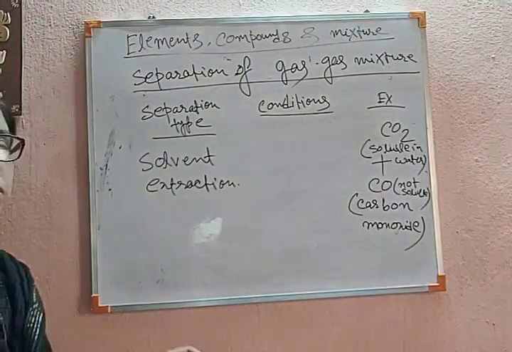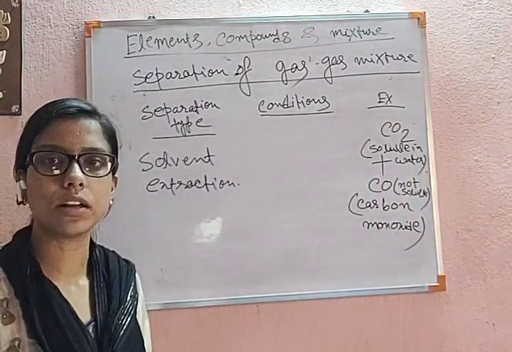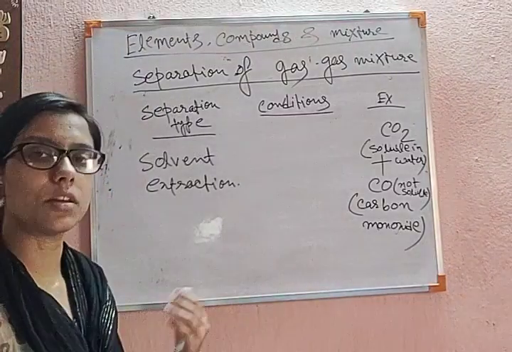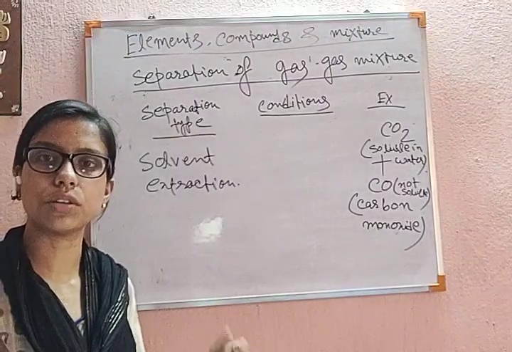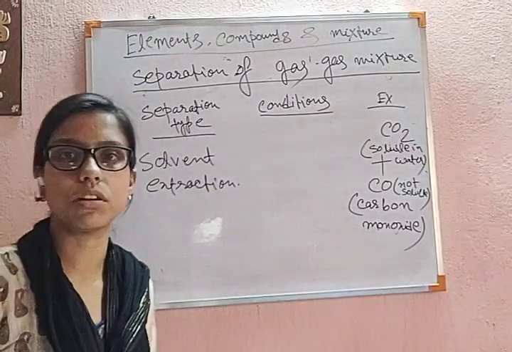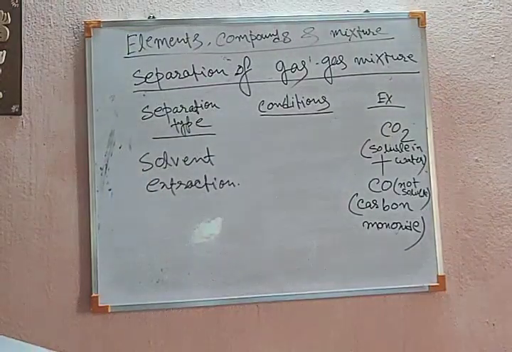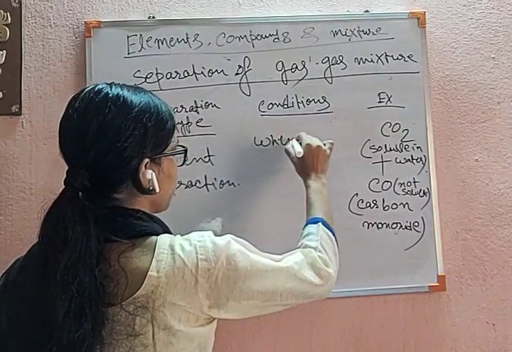In the solution phase, we get the carbon dioxide with water, and carbon monoxide remains in the gaseous state as it is not soluble in water. So that is the solvent extraction method. What is the condition?